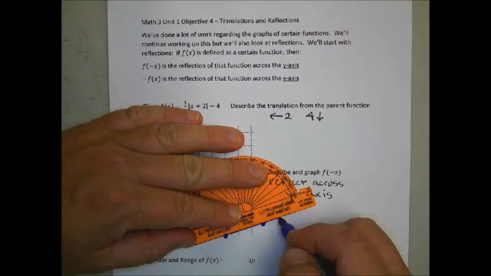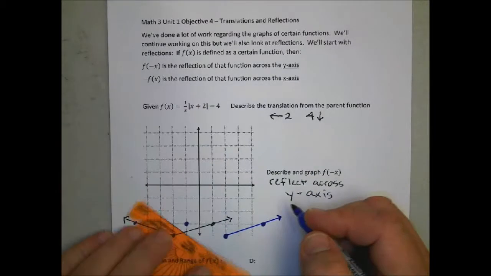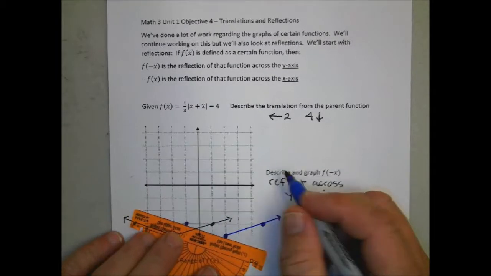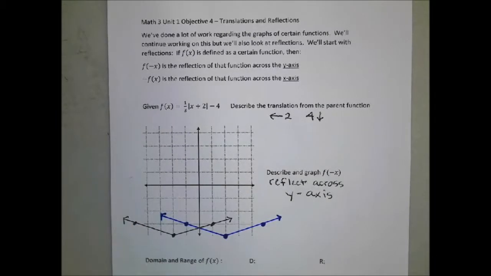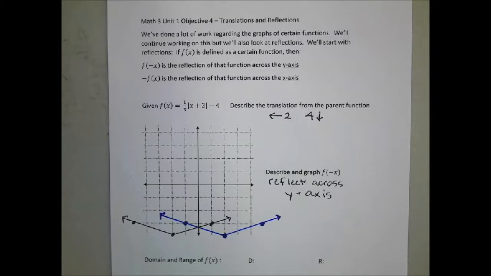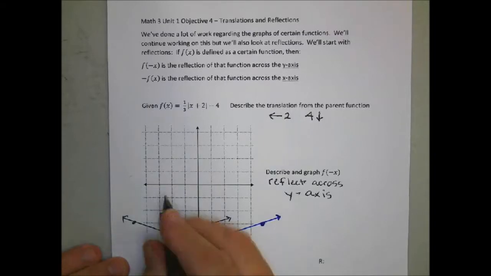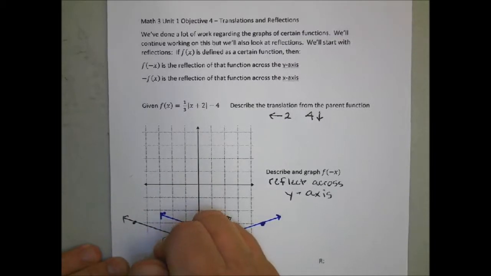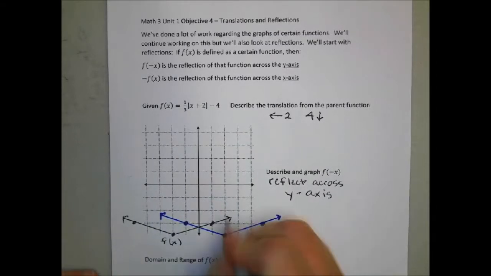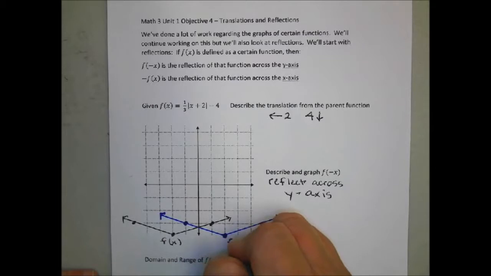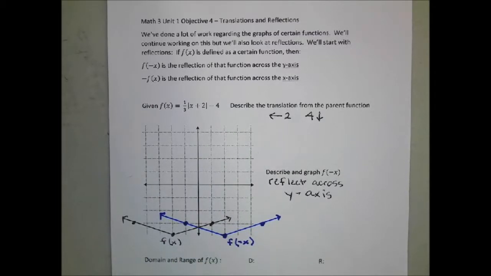And so there we are. The original function is the one in black, f of x. And the reflected function, f of negative x, is the one in blue. Now let's talk about the domain and the range of the original function.